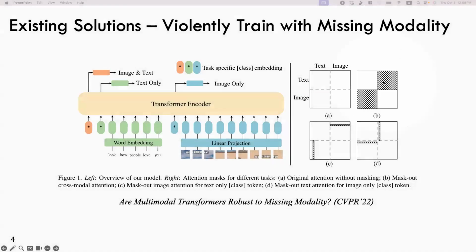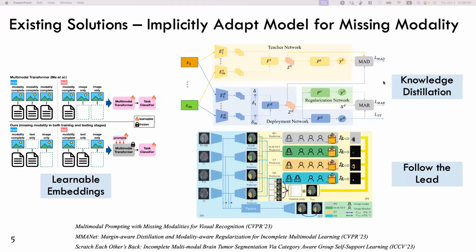Everything will be 0. And they just input it to the models to enable multimodal training with missing information, missing modality. Of course, it's not good because your model will learn some very weird patterns with whole 0, whole 1 masks.